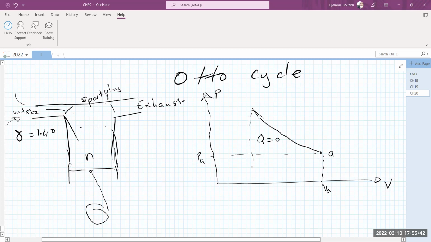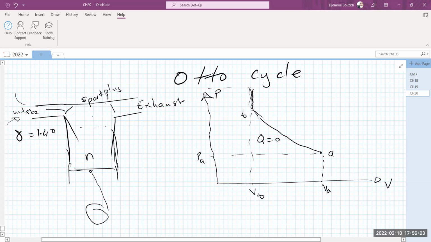Once we reach the stage B, I should say, this is point B, the volume is VB. Then we're going to increase the pressure at constant volume. So this stage of the cycle is actually at constant volume. This is the heating up.